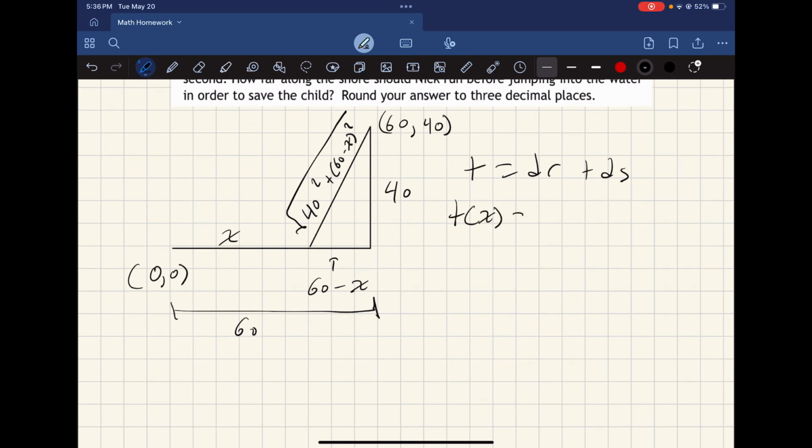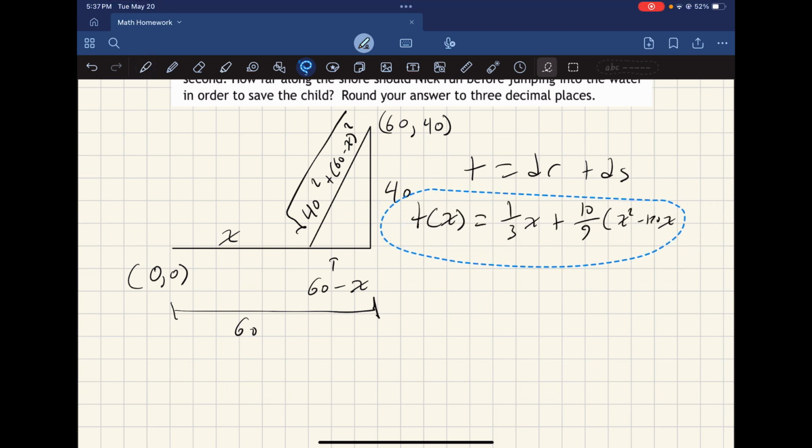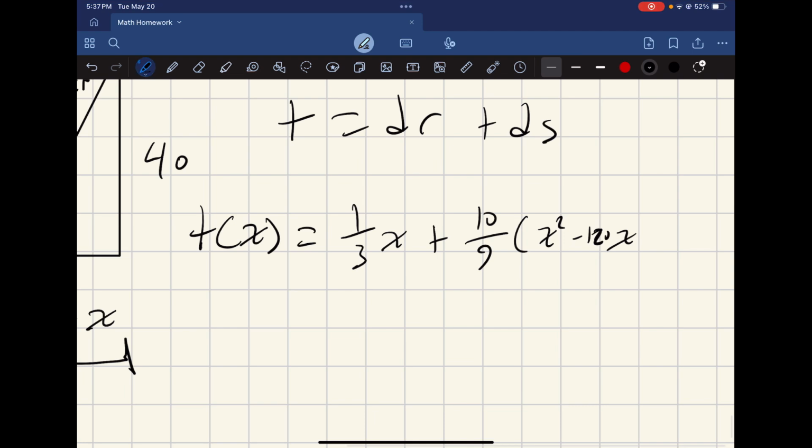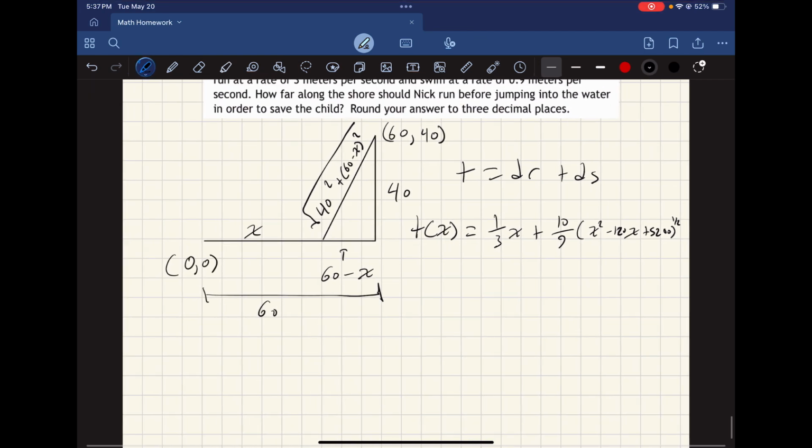Putting that into actual notation will be 1 over 3 x plus 10 over 9 times the square root of x squared minus 120x plus 5200. This x squared is just the Pythagorean theorem, just expanded.